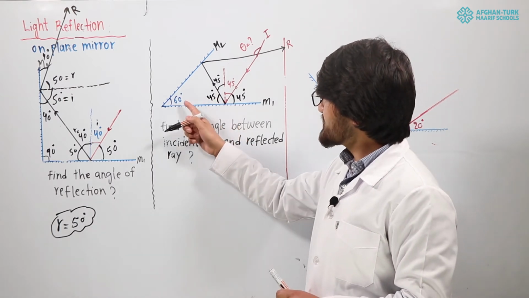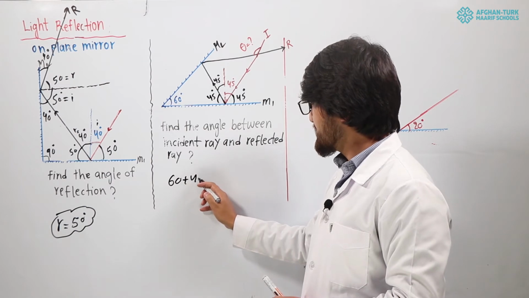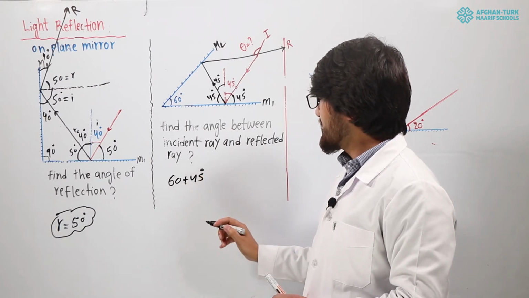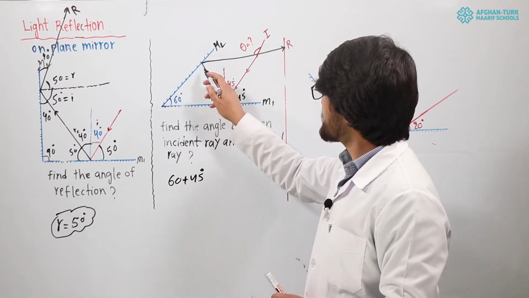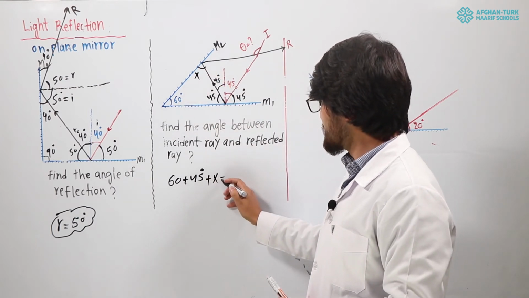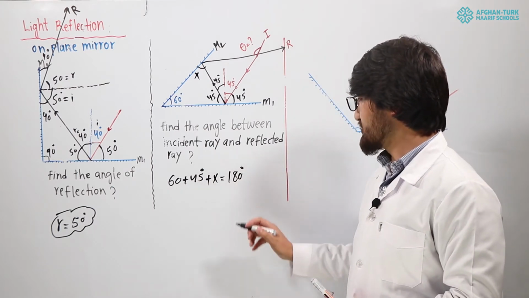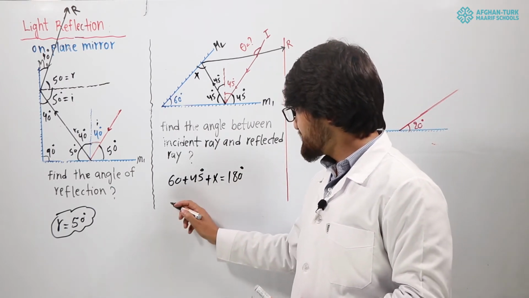And you know that 60 plus 45 is 105. This angle is x. If you put 105 plus x is equal to 180 degree, what is the answer?